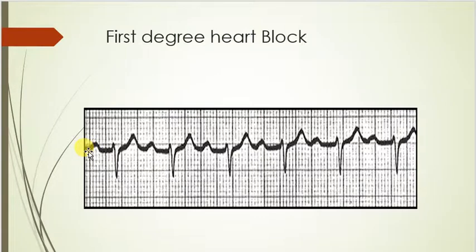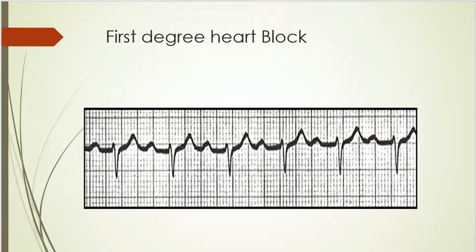Your PR interval is greater than 0.20. So if you count from the beginning of the P wave to the start of the QRS, or the beginning of the Q wave, the PR interval in all these beats is greater than 0.20.